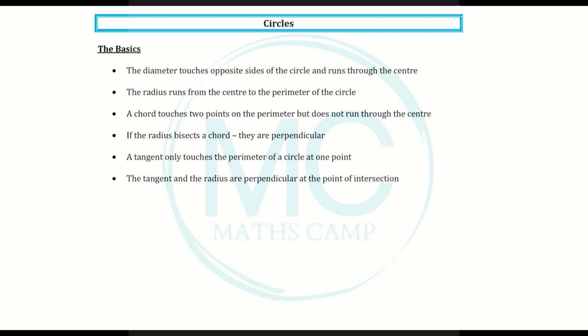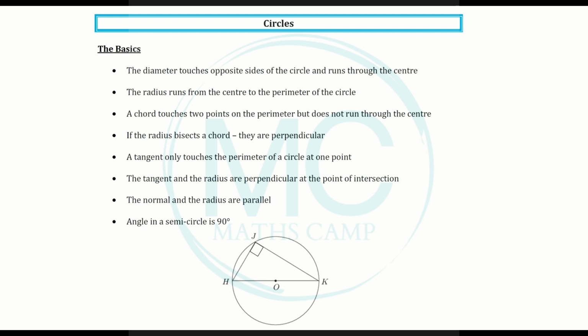The tangent and the radius are perpendicular at the point of intersection. We also know that a tangent and its normal are perpendicular. So both the radius and the normal are perpendicular to the tangent. This means that the normal and the radius have to be parallel to each other.